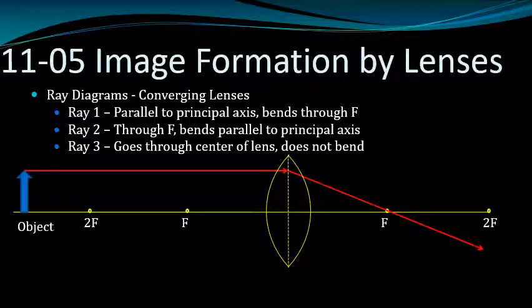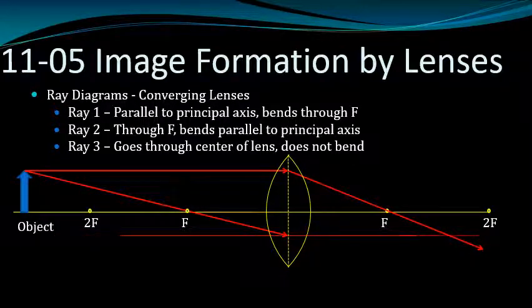Goes parallel, hits the lens, and bends through F. Ray 2 starts at the top of the object, goes through the focal point, and hits the lens. After it hits the lens, it bends parallel to the principal axis.